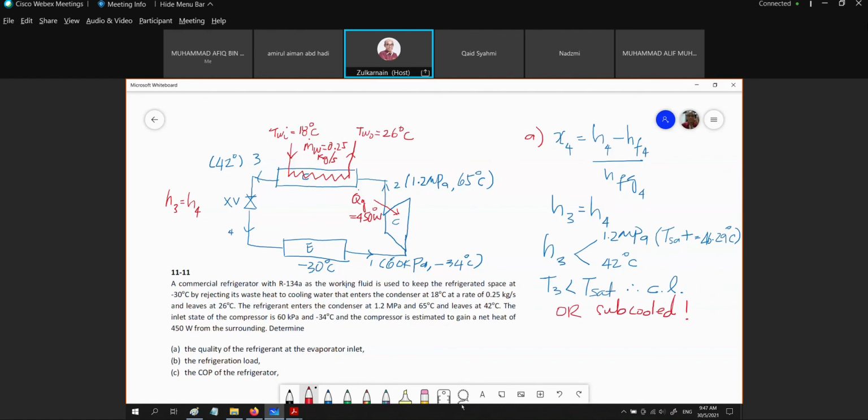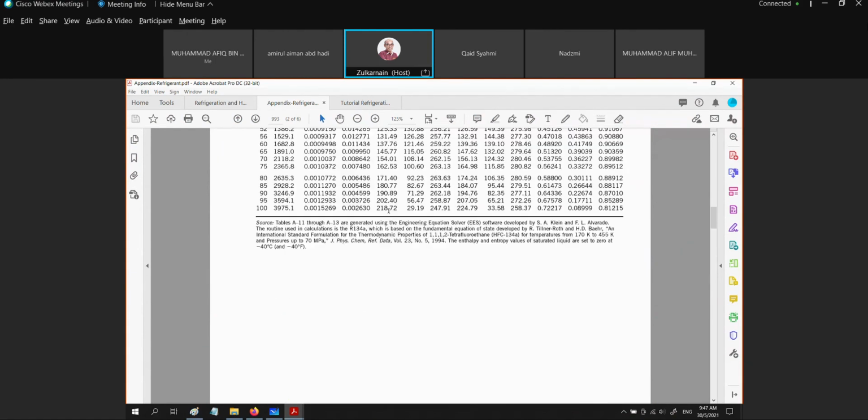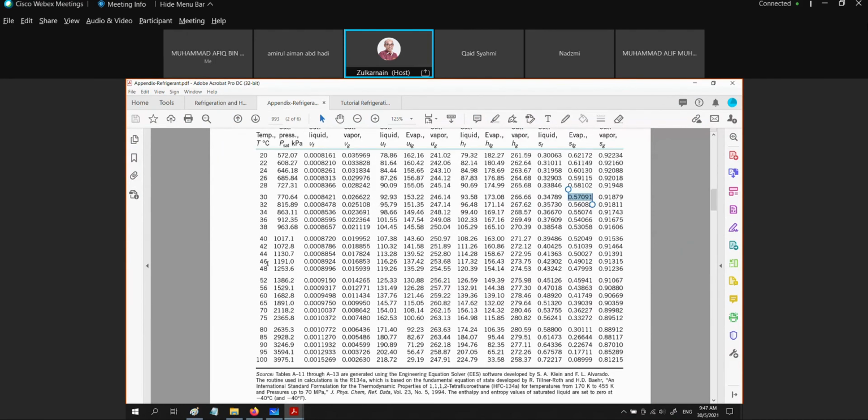So H3 is equal to HF at the given temperature of 42 degrees C.